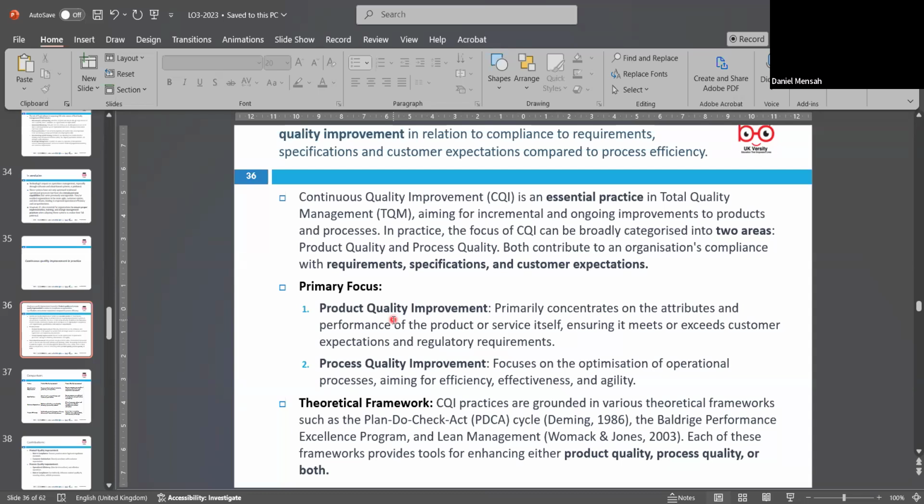Agility means if you want to change your processes from one product to another product, you don't require extra effort. You can smoothly switch from one product production to another product production.